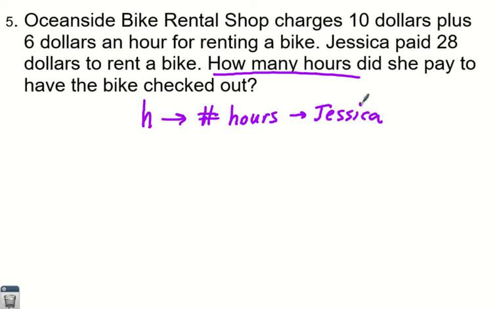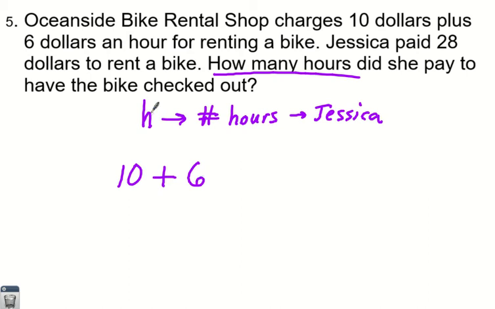Okay, so here we go. The equation that you could write pretty much goes like this. It'd be $10 plus $6 times H. See, if it's $6 an hour, $6 for every hour, you would multiply 6 to whatever the hours was, and then just tack on 10. So if it was 20 hours, it'd be 6 times 20. If it was 2 hours, it'd be 6 times 2.